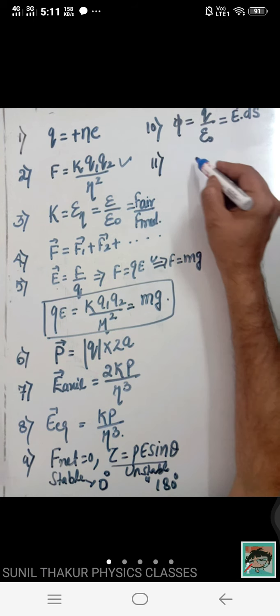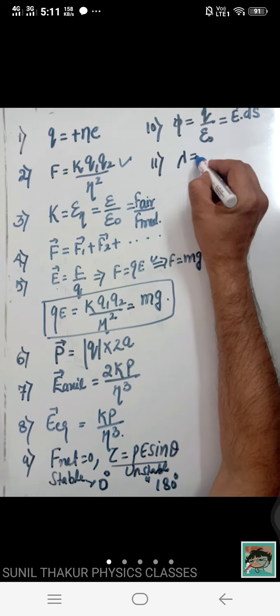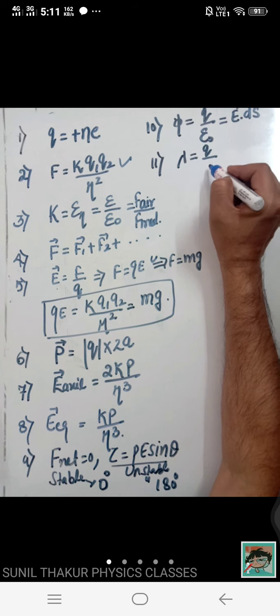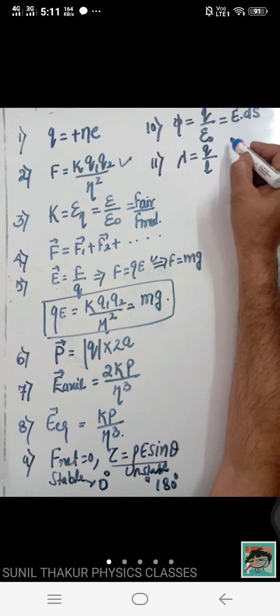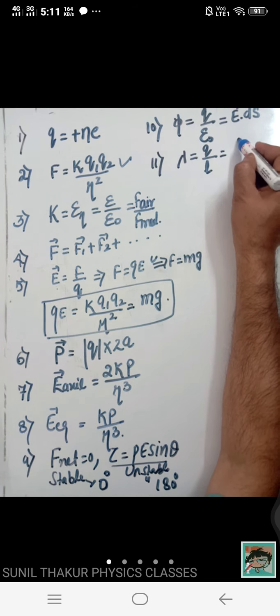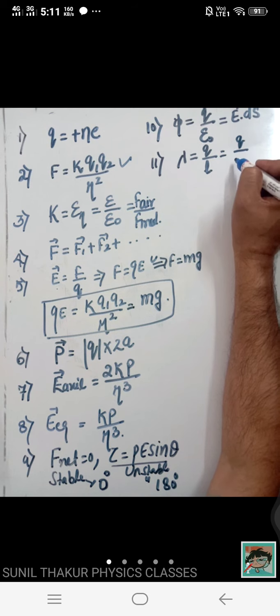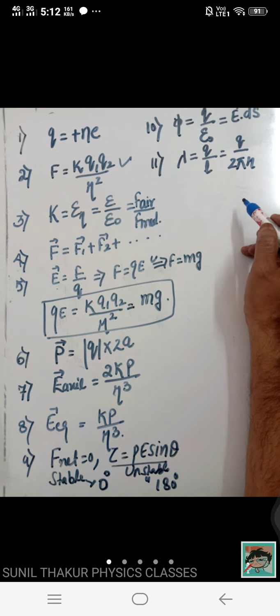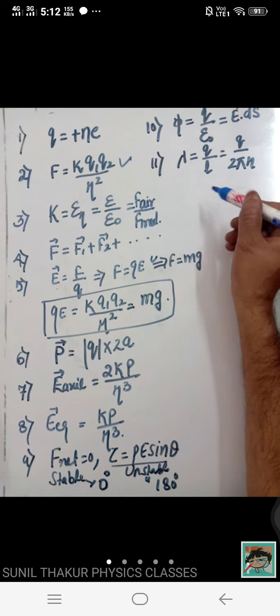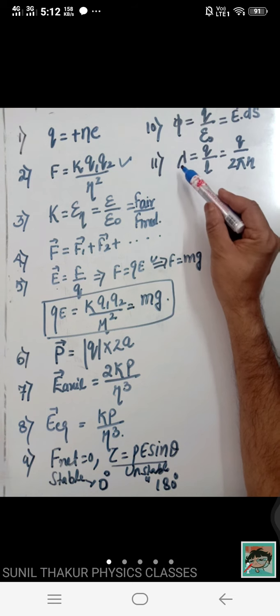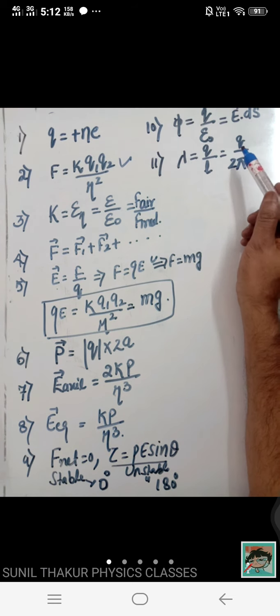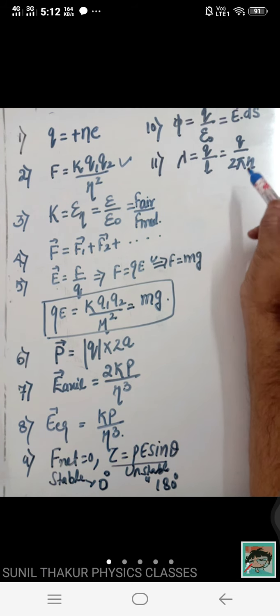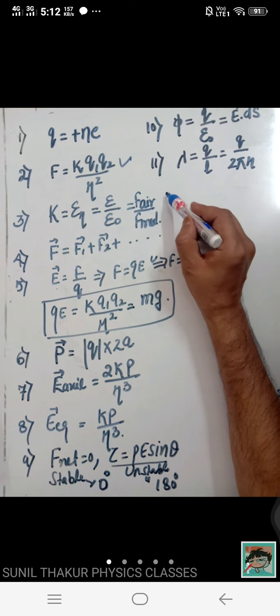Next, linear charge density lambda equal to q by length. If there is a circle, then you know that it is q upon 2 pi r, where r is the radius and 2 pi r is the circumference. If small, then lambda is equal to dq by dl. By integration you can calculate.